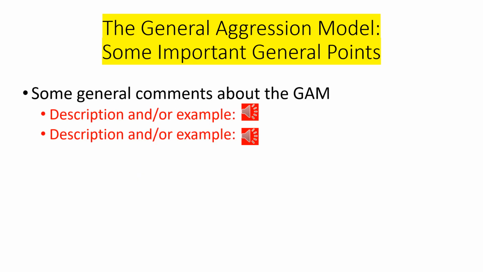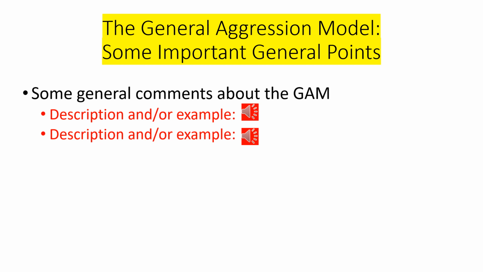A second general point that needs to be made is whether or not this model, the general aggression model, argues for a direct or indirect relationship between the personal and situational input variables and aggression. If you look again at the diagram on the previous slide, you can see that this model is going to argue for an indirect path. What we mean by that is there are no arrows that go straight from the input variables to aggression.